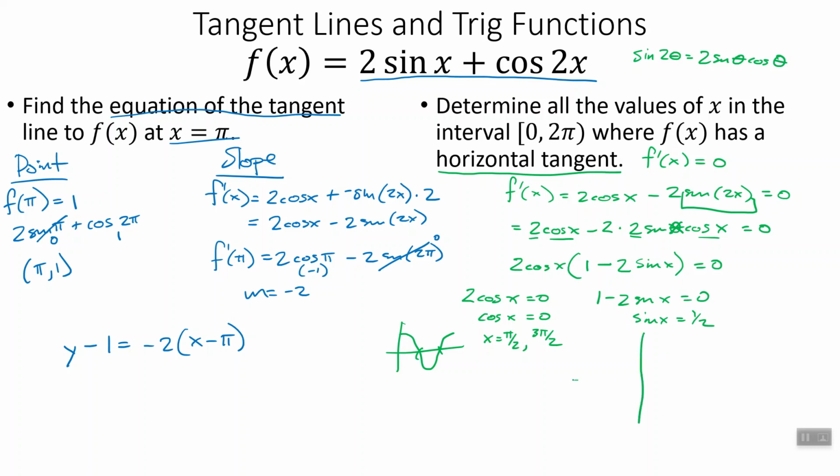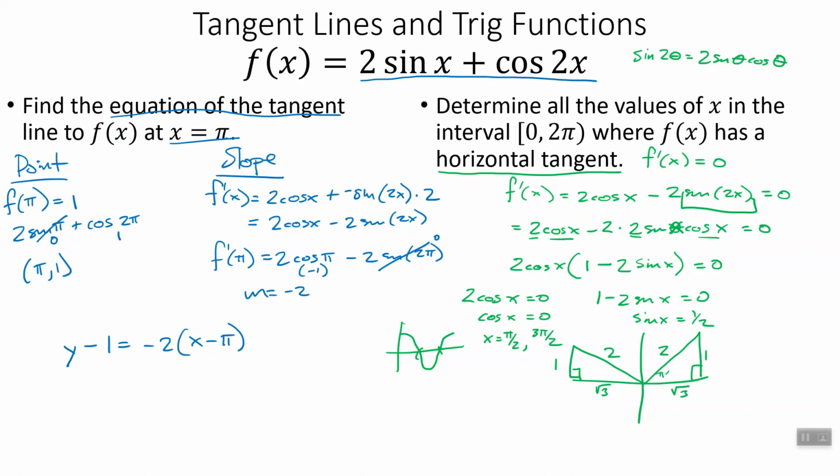Sine is positive in the first quadrant. Remember, all students take calculus, and it's also positive in the second quadrant. We get 1 and 2, because sine is opposite over hypotenuse. The other side for both of these is square root of 3.